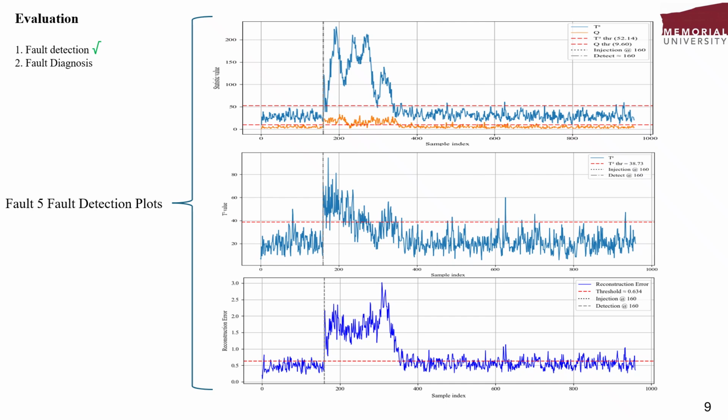For example, in the PCA, the first fault is detected at 180. For the FDA, the first fault is detected at 170. But in autoencoder, the first fault is detected at 161. It means that we don't have any loss in fault detection by the autoencoder method.